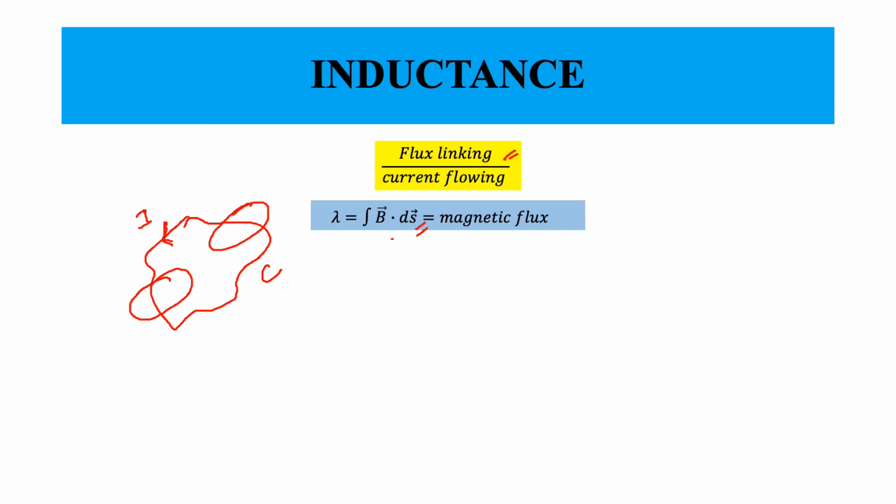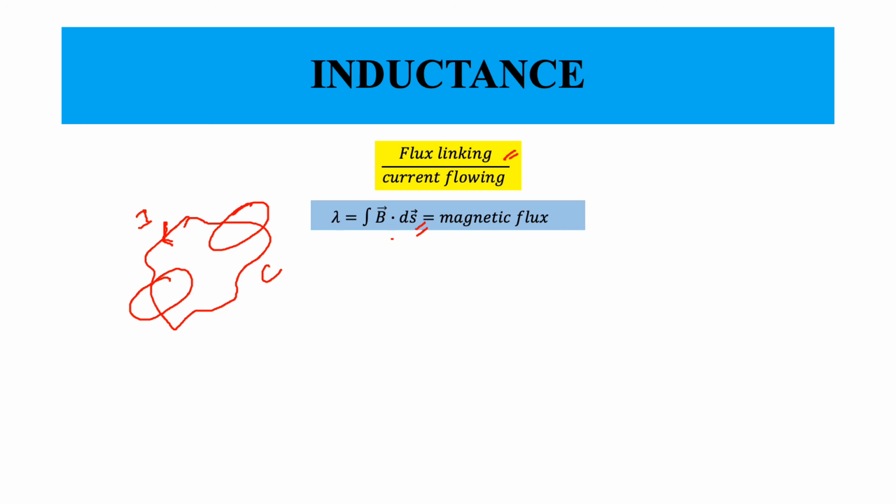There are certain situations where only partial B field links the circuit, and in that case we call it partial flux linkage. In this loop case, the entire B would be linking. What is the surface that we are considering? It is the surface that the circuit contour encloses. For our example, this is the surface area we are going to look at.